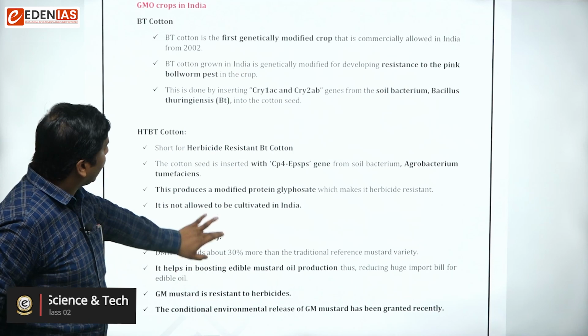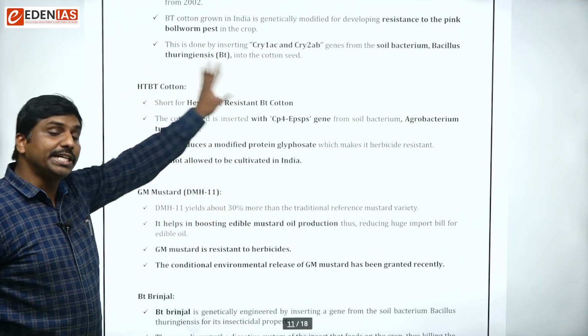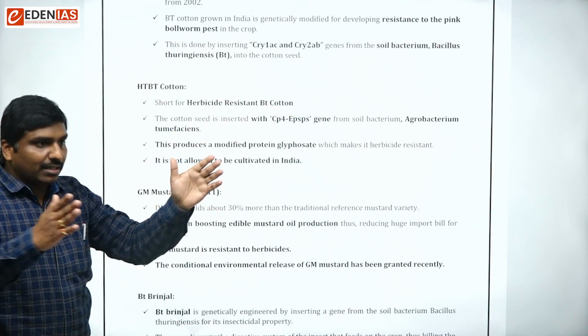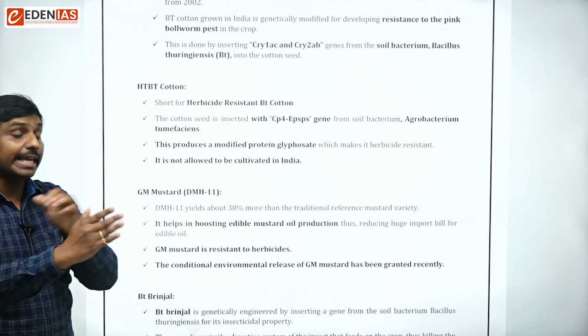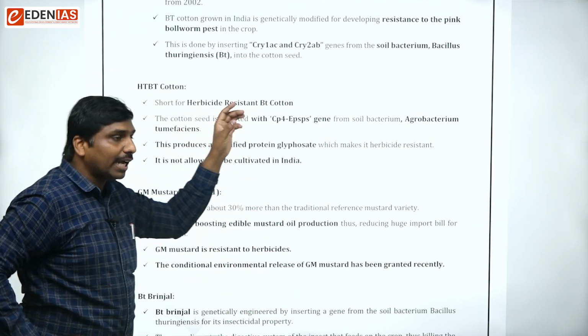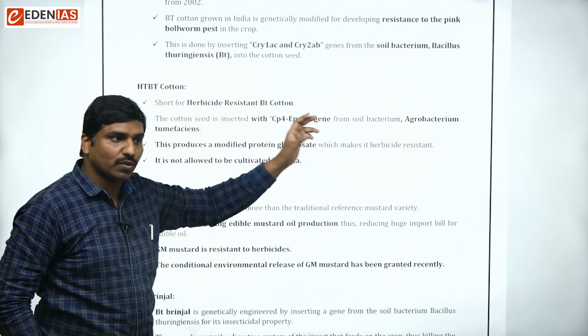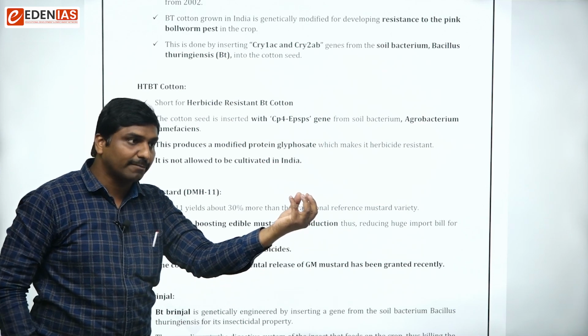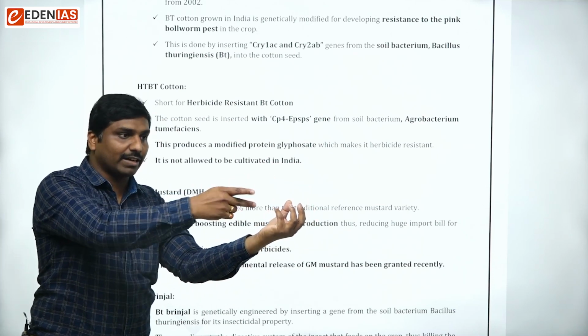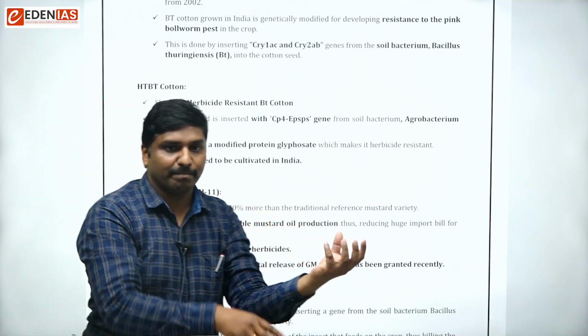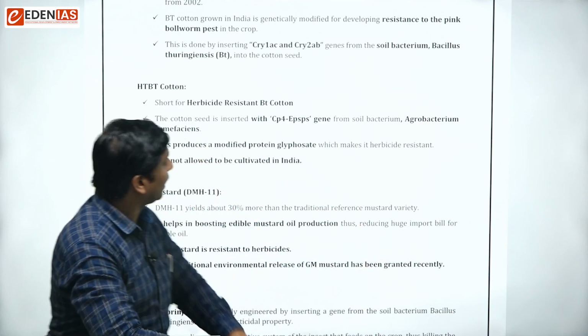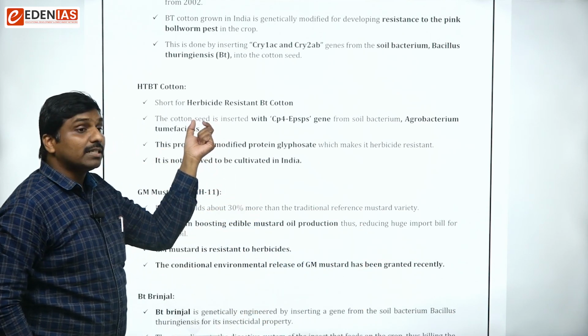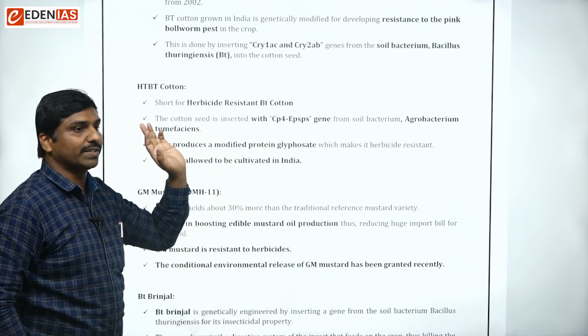Then the second one, HT-BT cotton. Now it is an extended version. BT again stands for Bacillus thuringiensis. First we have taken a cotton, and for that BT, CRY1AC, CRY2. To that again, we have inserted another gene.